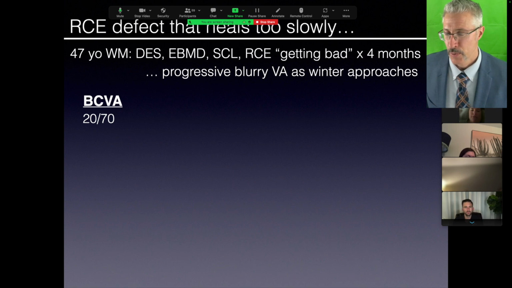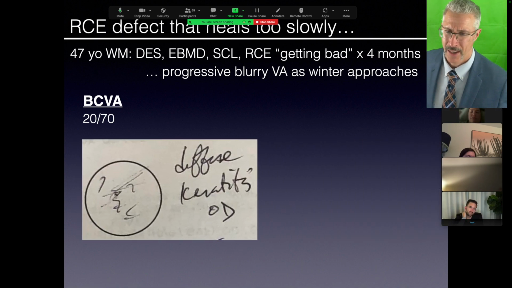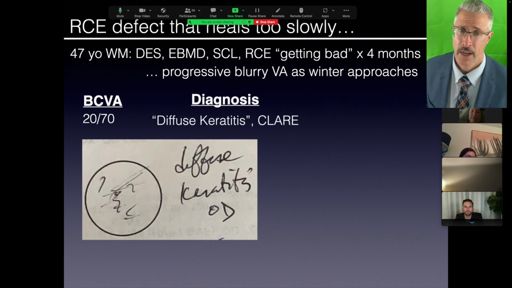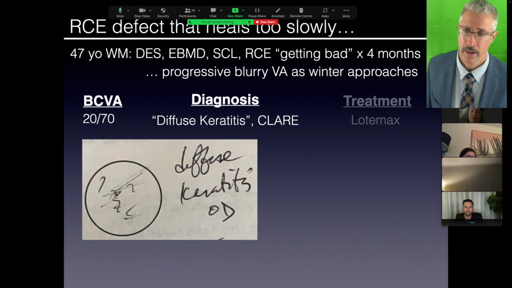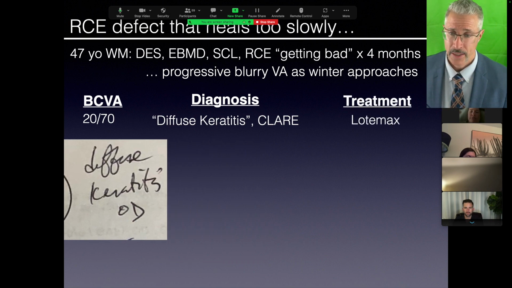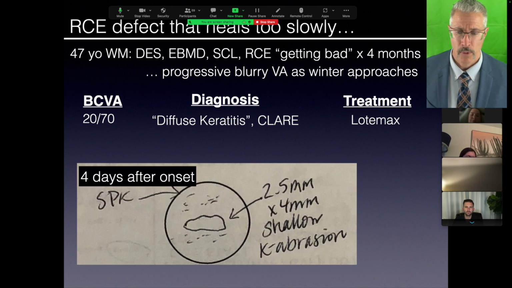And he's 20/70. And other doctors have seen him and say, yeah, you've got this diffuse keratitis. It's kind of weird. Contact lens associated, maybe. I don't know. You're only 20/70. You used to be 20/20. Lotemax isn't really helping. I mean, he comes back 4 days after this blurriness, and he's got a defect that's horizontally wider, maybe slightly displaced inferiorly.